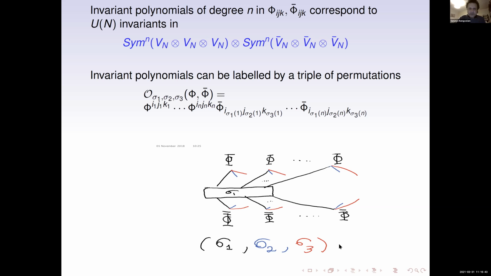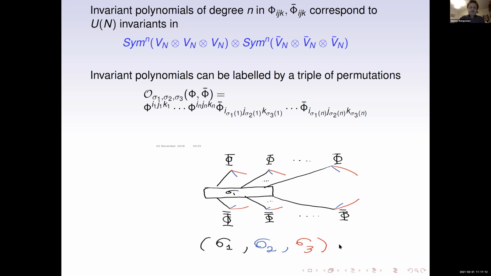It commutes with these other phi's. So the problem of counting these invariants is the problem of counting invariants in the n-fold tensor power of this triple. But you have to symmetrize because these phi's are commuting variables. Likewise, these phi bars are commuting.